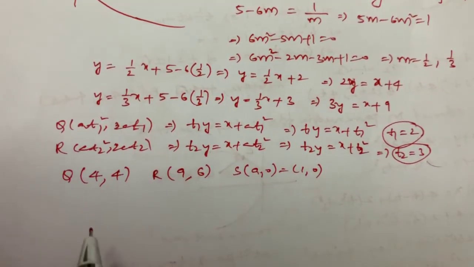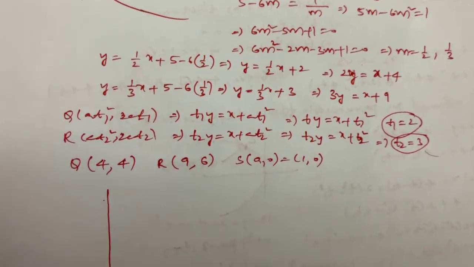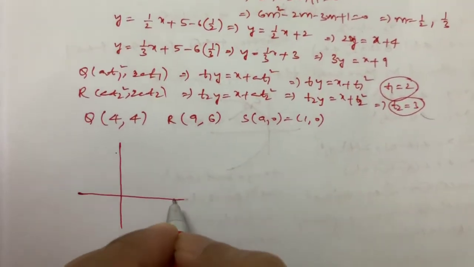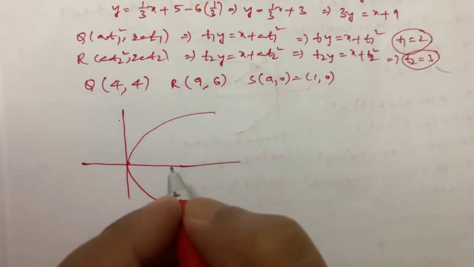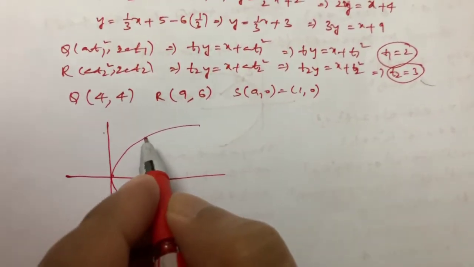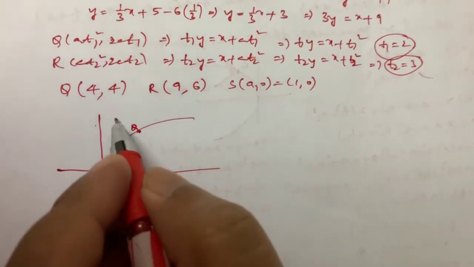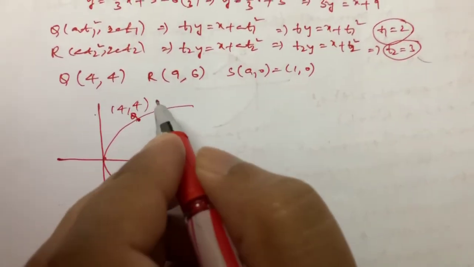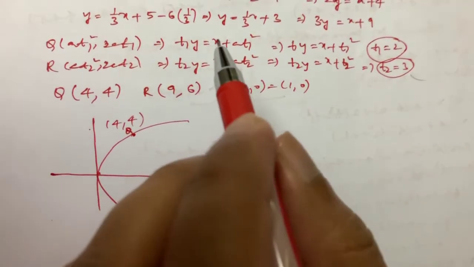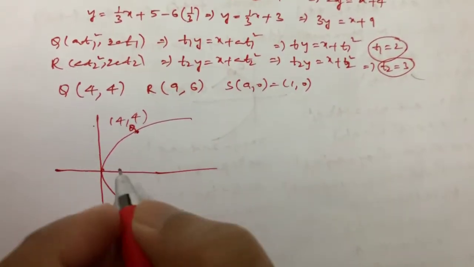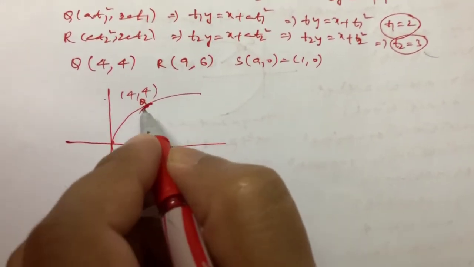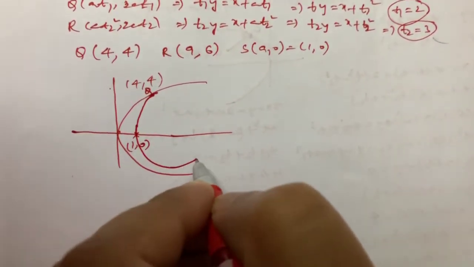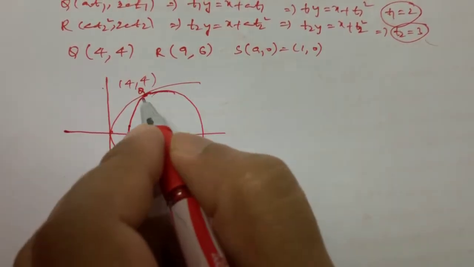Now what they are saying, the circles C1 and C2. Let's say first we'll consider one circle. Q is a point here, (4, 4). The circle is touching the parabola at Q and is passing through the focus of the parabola. So the focus is (1, 0). So the circle is touching the parabola and passing through the focus of the parabola.